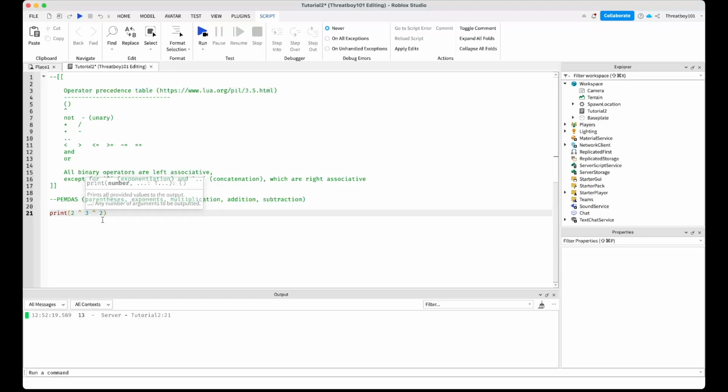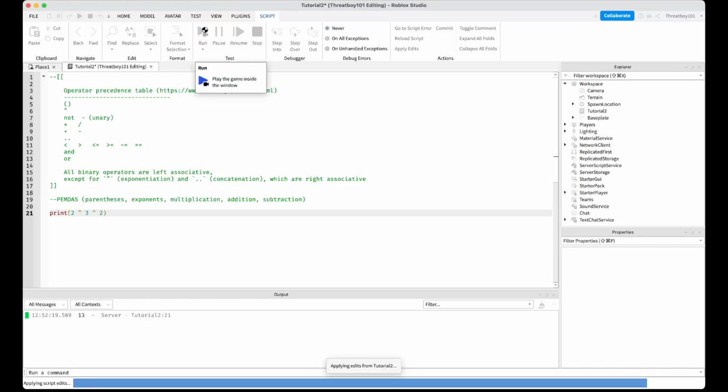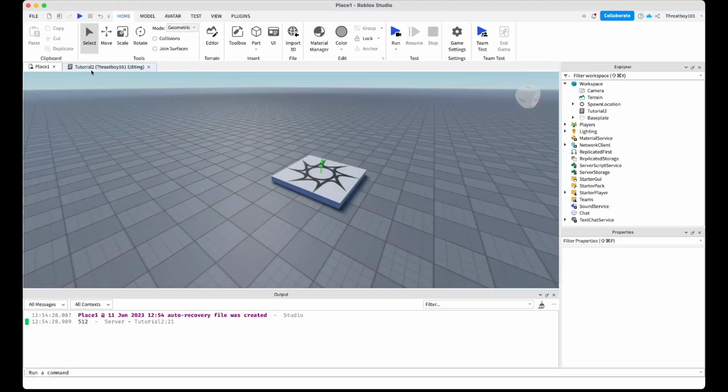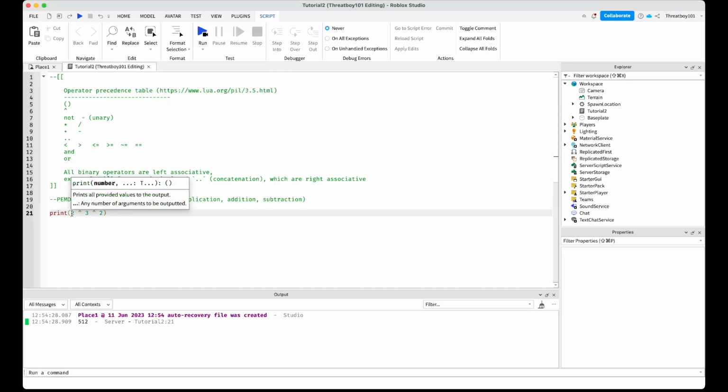And if we check, we get 512, right? So I'm assuming 2 to the 9th is 512. But if we were to do it the opposite way, it would be 64. But no, we get 512, and we get 512 because it's starting from right and then going left.